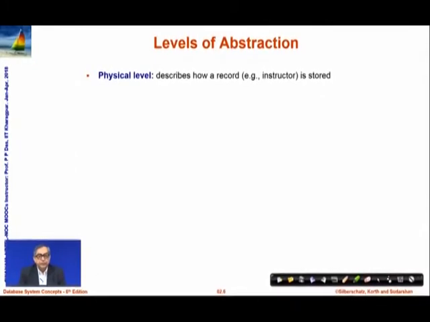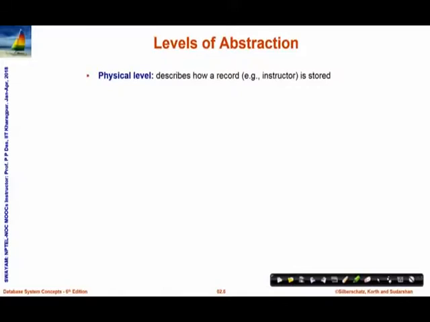A database system, like any other system, is conceptualized in terms of 3 levels of abstraction. At the lowermost level is the physical data level, or the physical level, which describes how a record is actually stored. So, that is about the physical storage in the system.